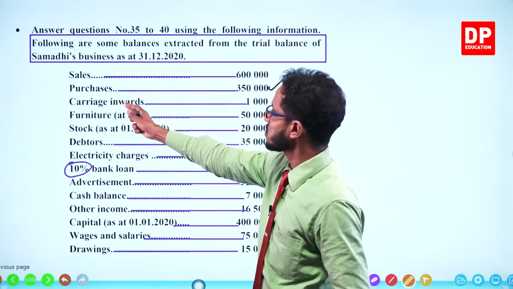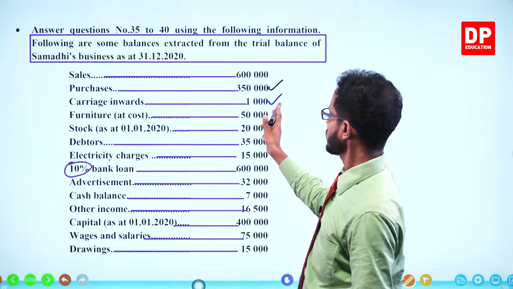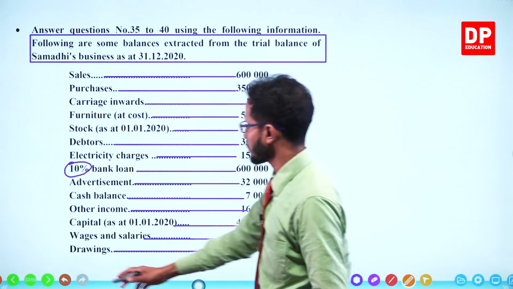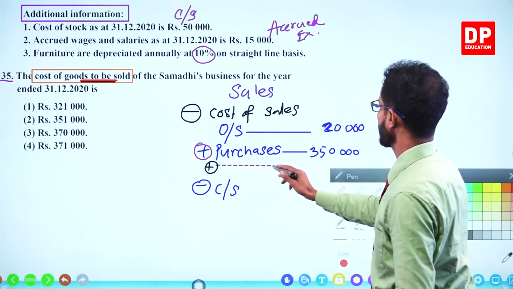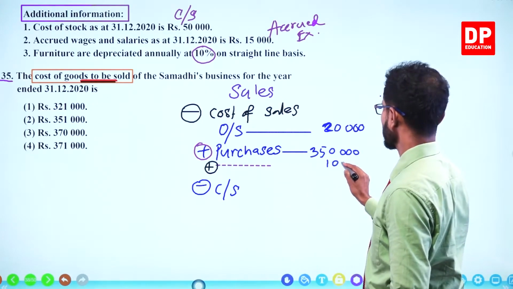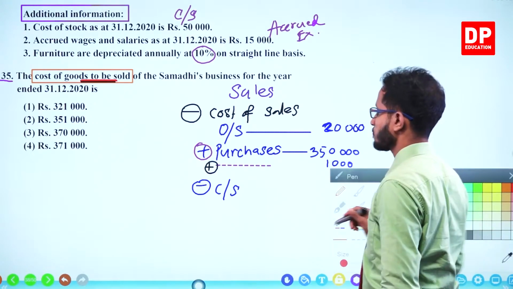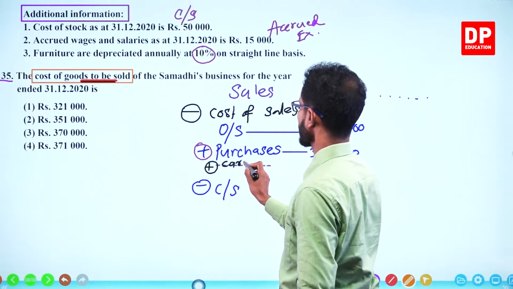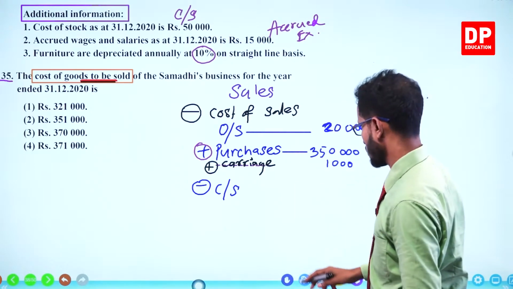We have carriage inwards of 1,000. You have to add this 1,000.